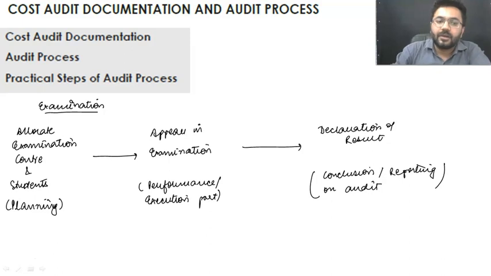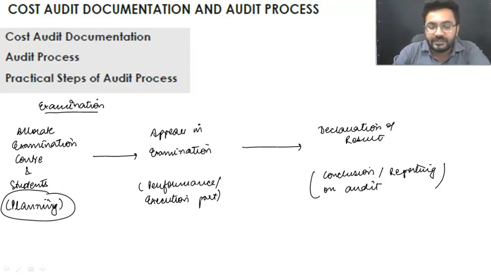The very first is that the auditor is going to plan things, because it is very important in order to find out the various procedures which are going to be performed. From this plan itself, we are going to find out how much efficiency and effectiveness there is in our cost audit process.